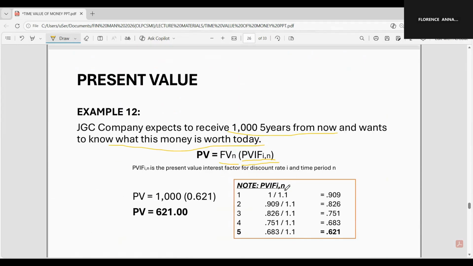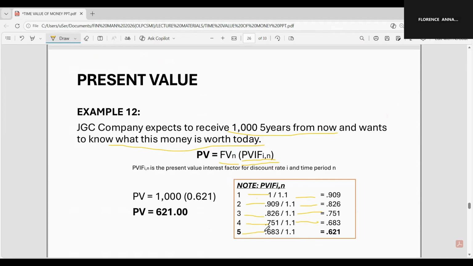That's why 1 divided by 1.1 for your period 1, you'll get 0.909. And 0.909 divided by 1.1 for your period 2, that is 0.826. And 0.826 divided by 1.1 for your period 3, you'll get 0.751. And 0.751 divided by 1.1 for your period 4, you'll get 0.683.